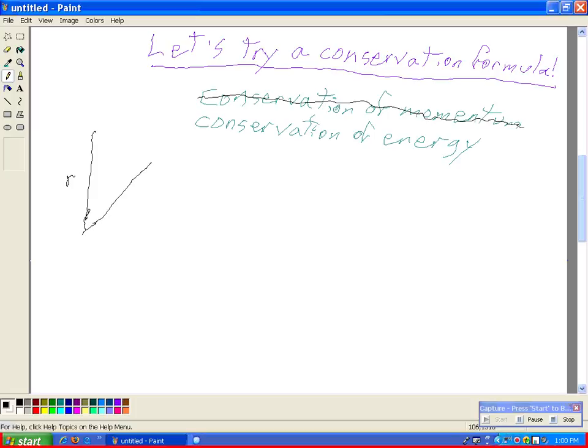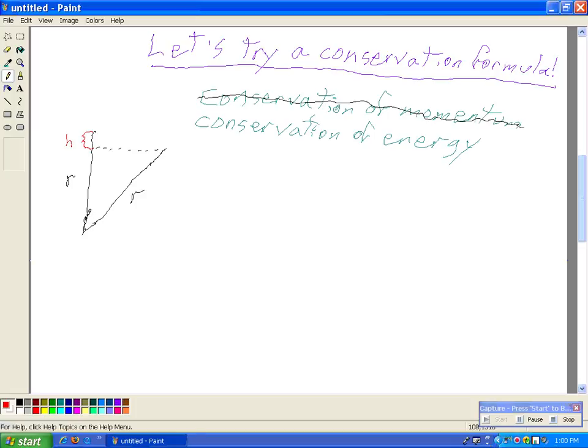That radius. So there's been a change in height of this much, right there. That's the height difference. So if we know the height changed, we can figure out the velocity.